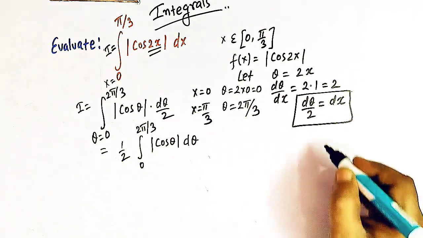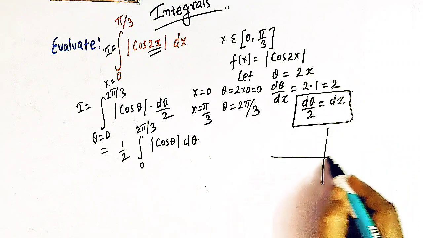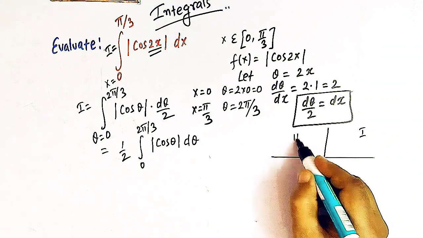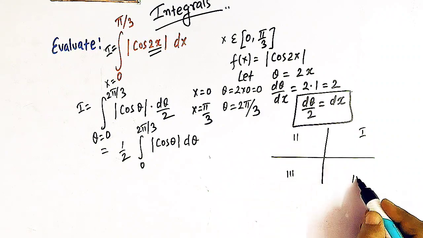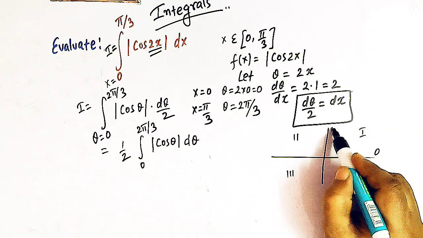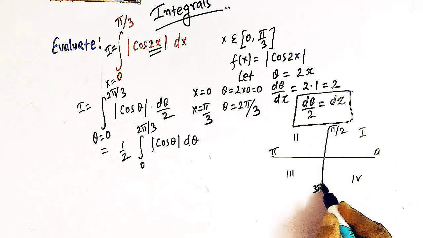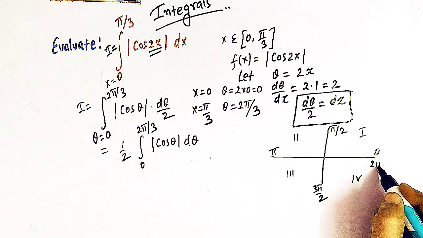Now let us take the sign convention of trigonometric functions. Here we have the first quadrant, this is second, this is third, and this is fourth. Here we have 0, here pi by 2, here pi, this is 3 pi by 2, and this is 2 pi.